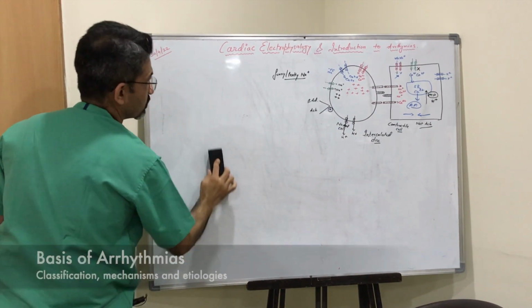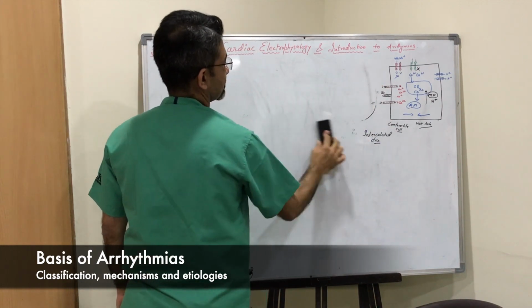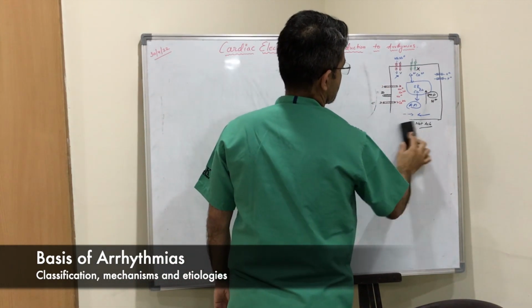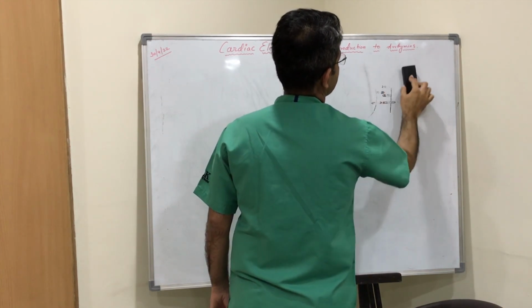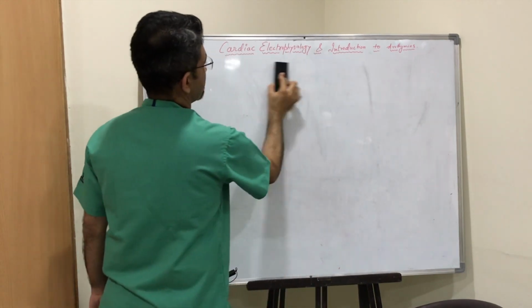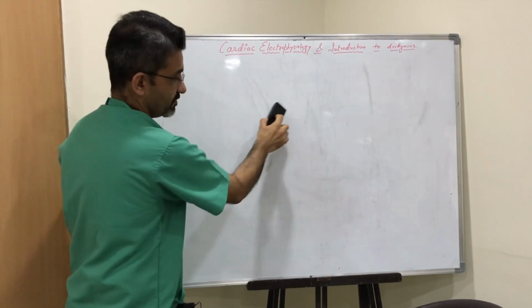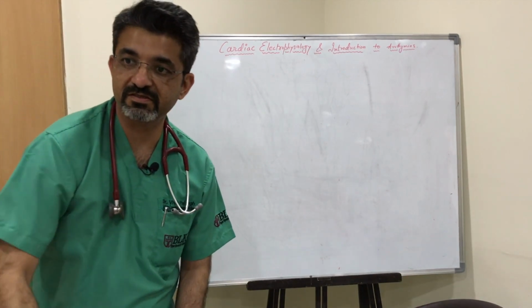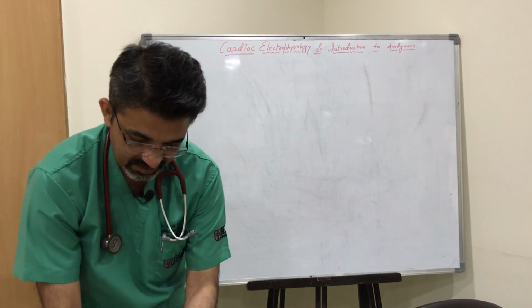If you want to define arrhythmias, an arrhythmia is something wherein you have a problem in rate, rhythm, conduction or origin of the electrical impulse. So there are 4 things which we need to learn.